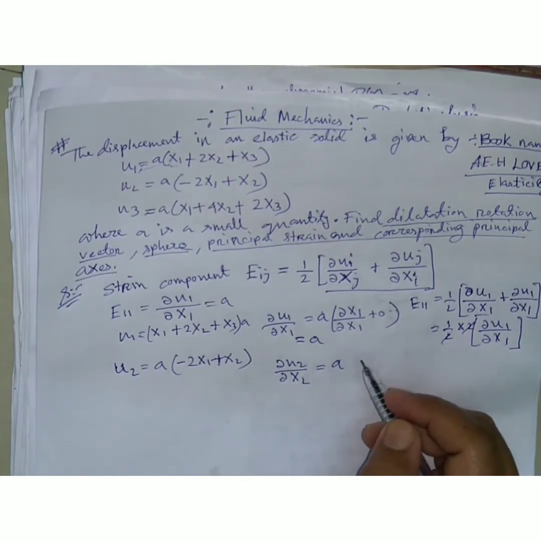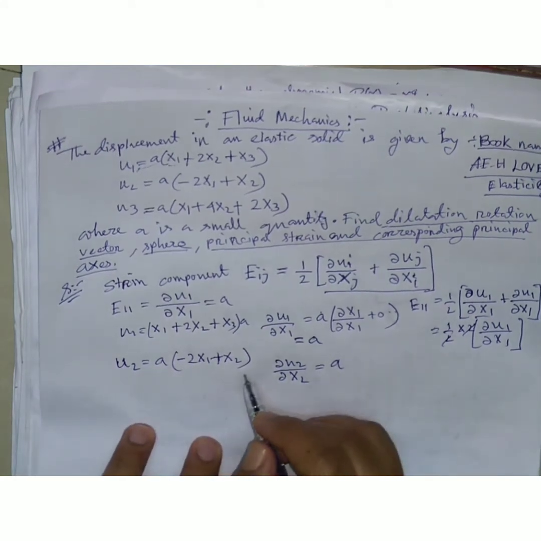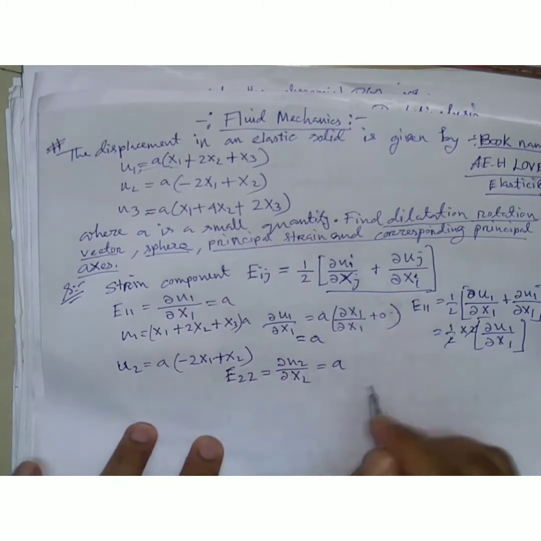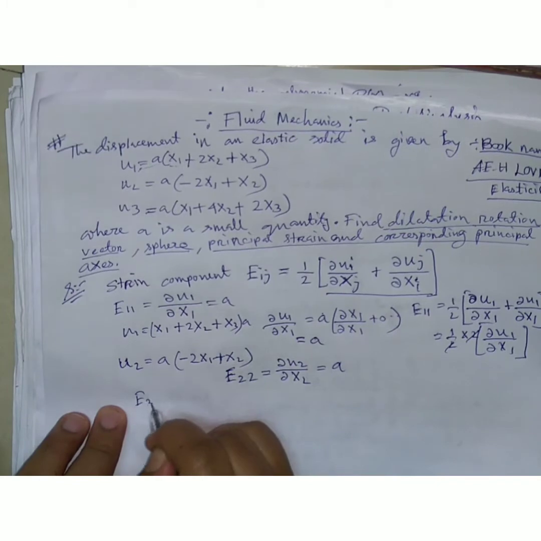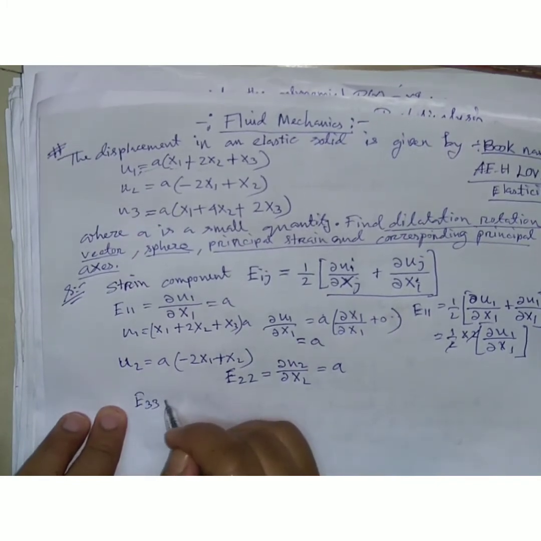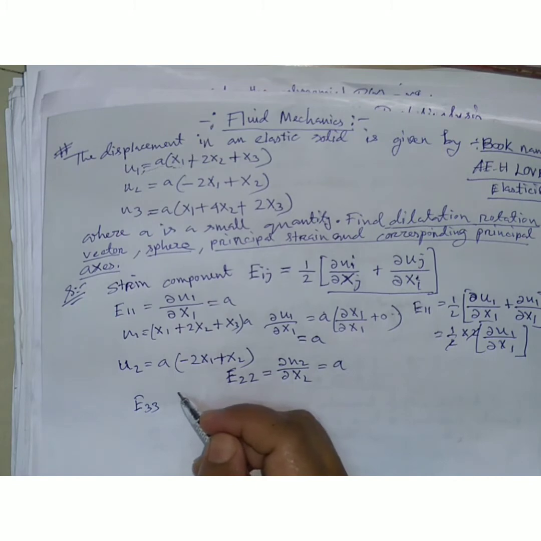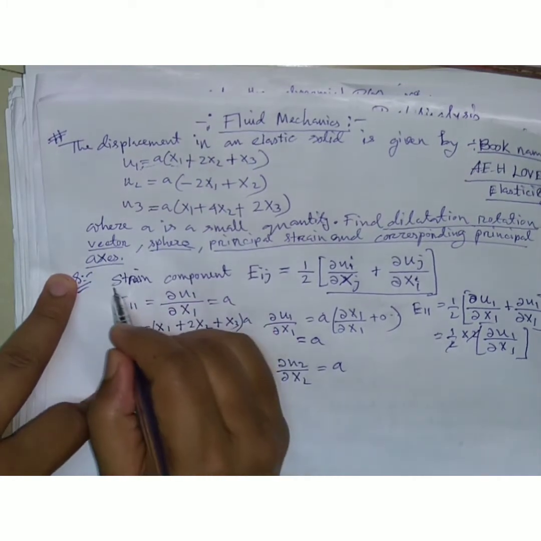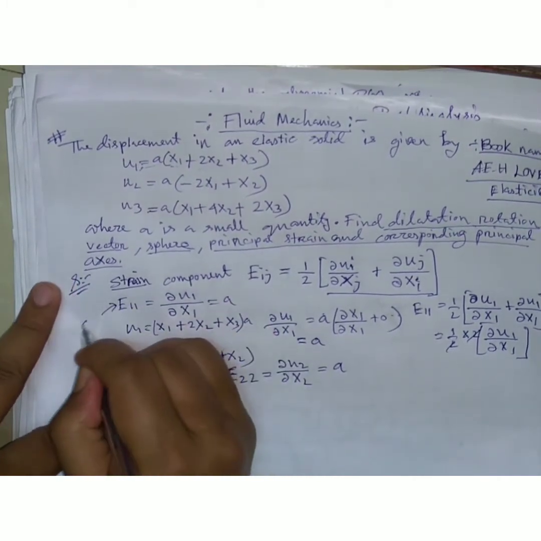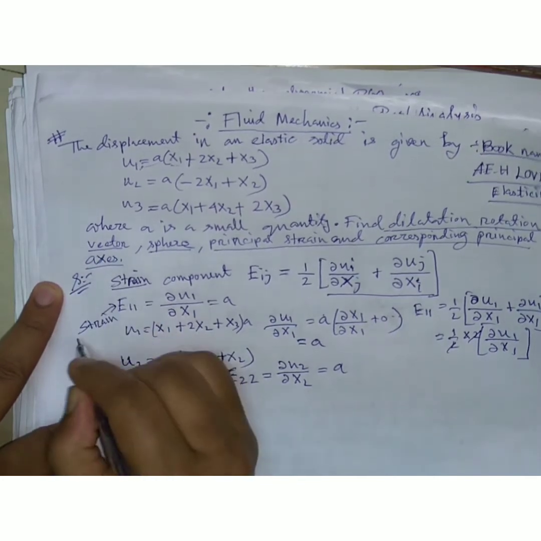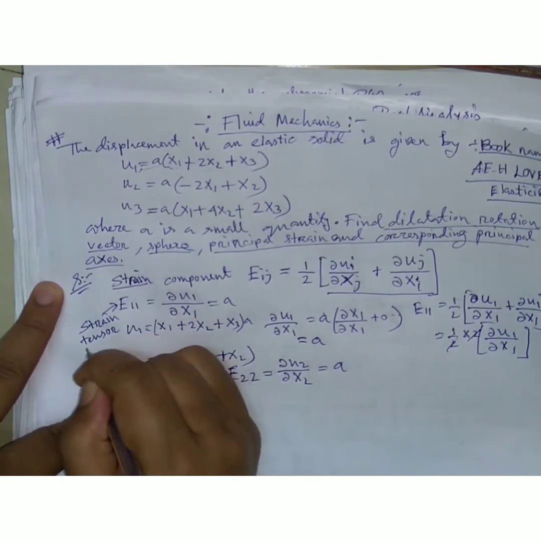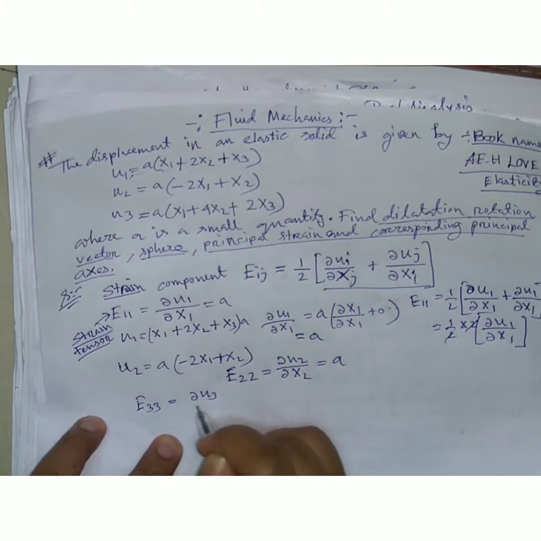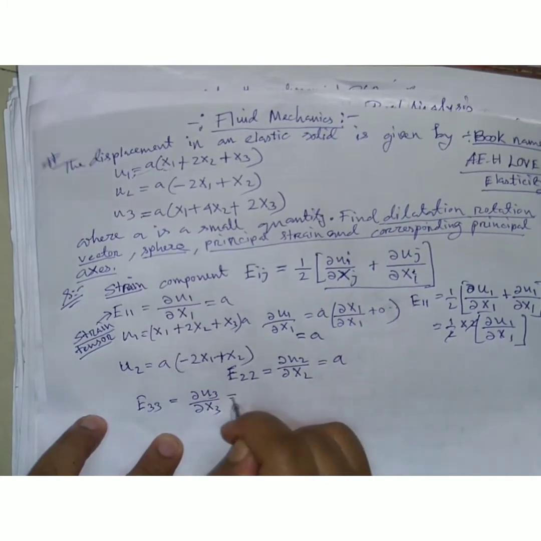And E22 is equal to a, and E33, everything is based on the strain tensor formula. So E33 is equal to del u3 divided by del x3, which is equal to a.